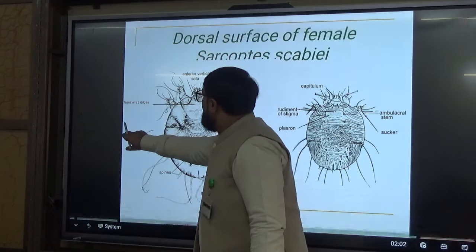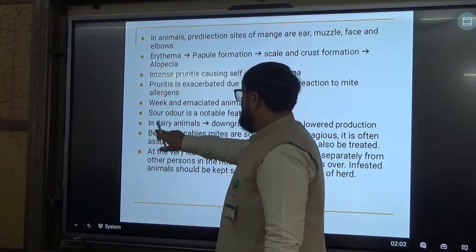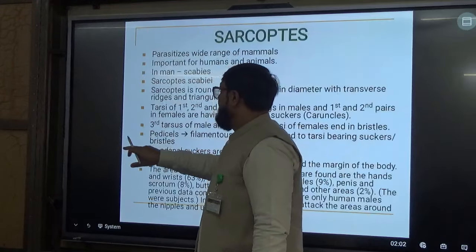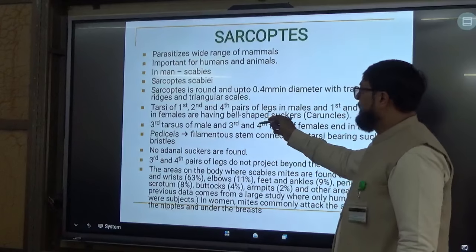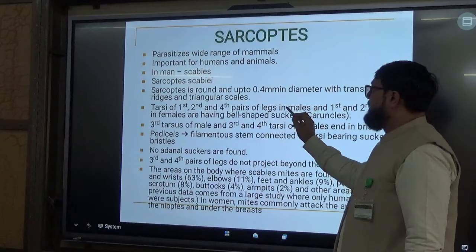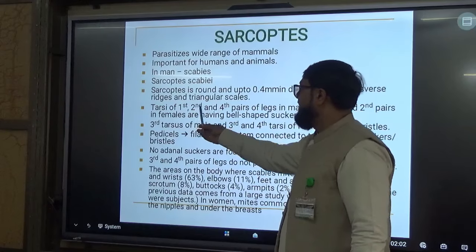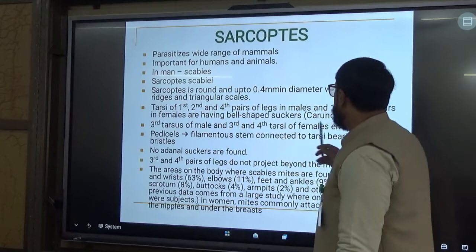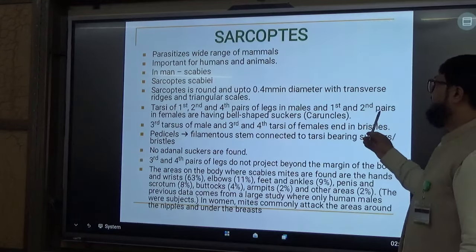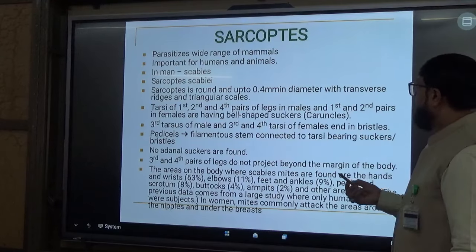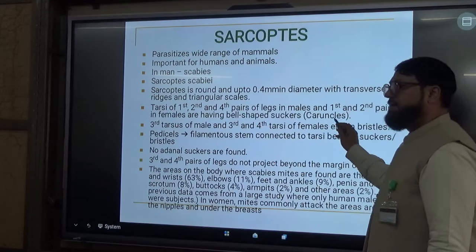And it also indicates sexual dimorphism: in males these suckers are present in the first, second as well as fourth pairs, but in females only in the first and second. These suckers are called caruncles.